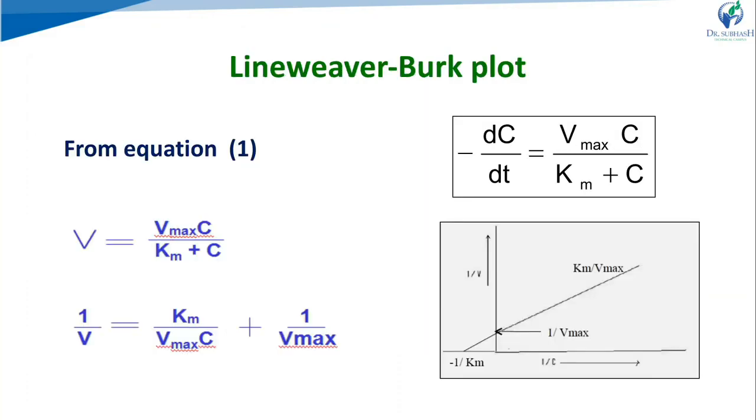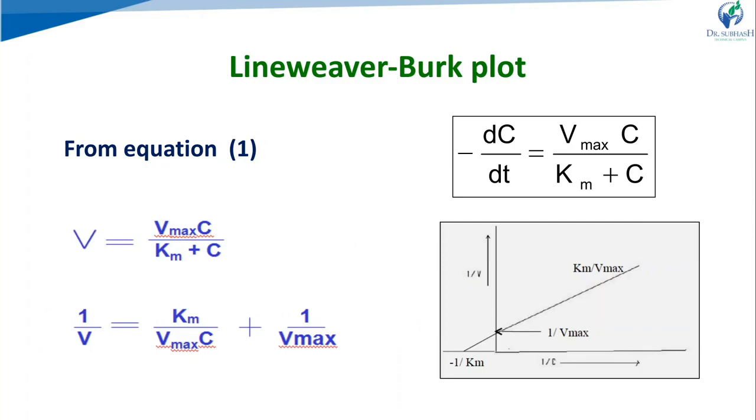Next we go for the second approach, that is the Lineweaver-Burk plot. The original equation is minus dC/dt equal to Vmax into C upon Km plus C. We go for the reciprocal plot, the double reciprocal plot or Lineweaver-Burk plot.